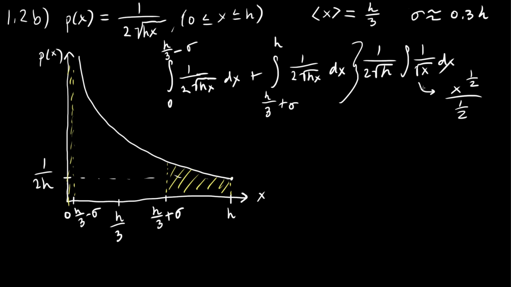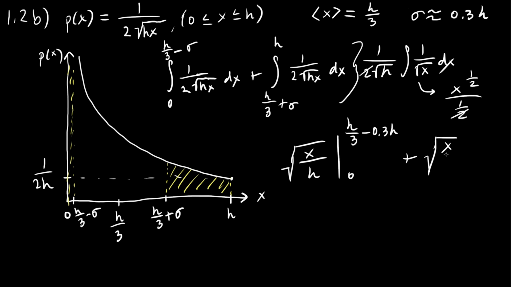Okay, before that, these 2's will cancel, and now we have to evaluate the square root of x over h from 0 to h over 3 minus 0.3h, plus the same thing, but now from h over 3 plus 0.3h to h.